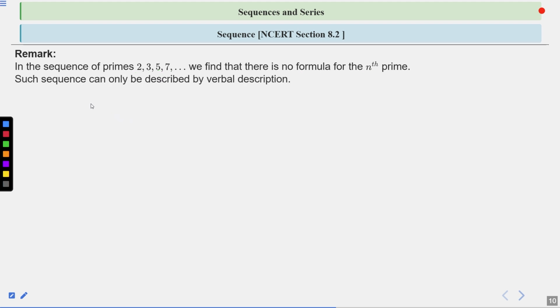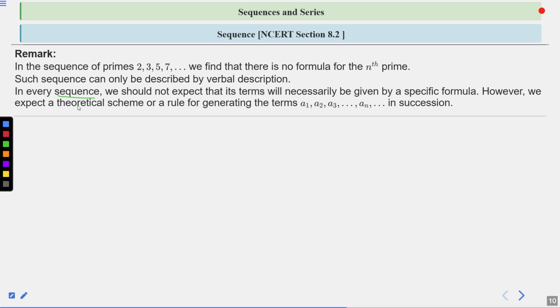So such a sequence can only be described by verbal description. So in every sequence, we should not expect that its terms will necessarily be given by a specific formula.